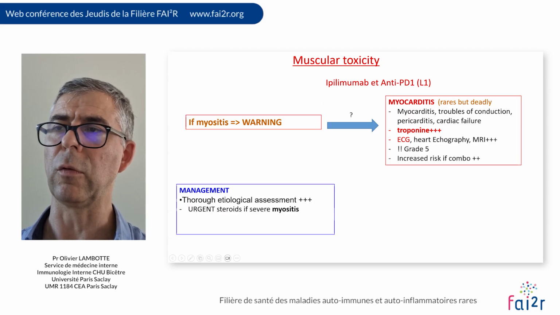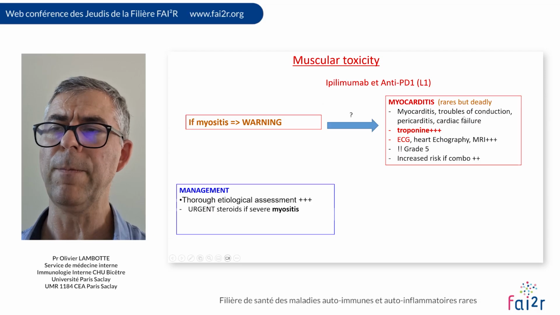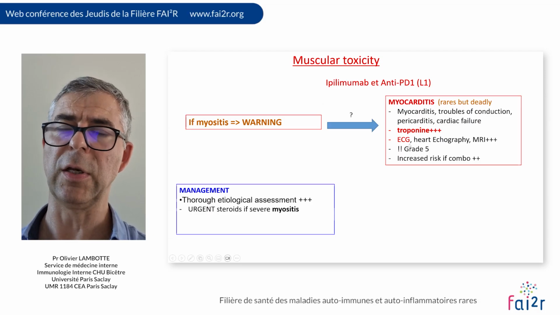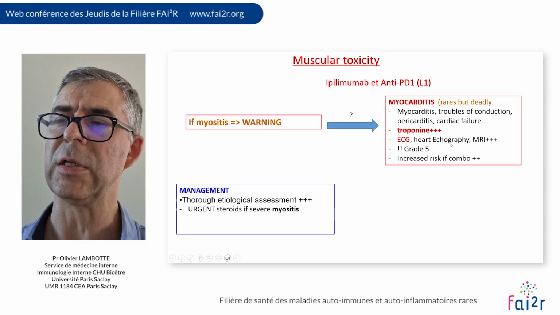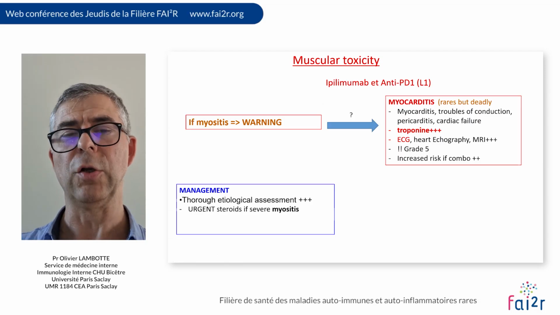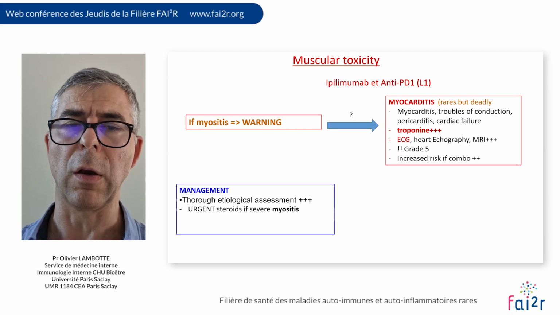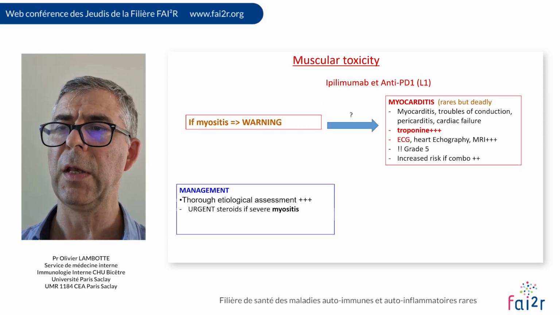You can have different complications: troubles of conduction, pericarditis, etc. Troponin is mandatory, as is an electrocardiogram. Heart echography is not a good exam in this situation, and heart MRI is very important, but it can be normal during the first days of your management, and you will have to repeat the MRI.